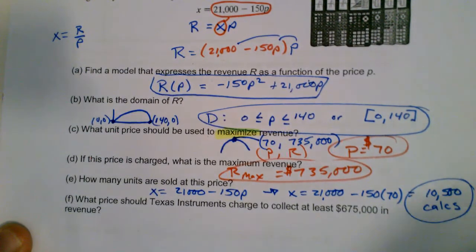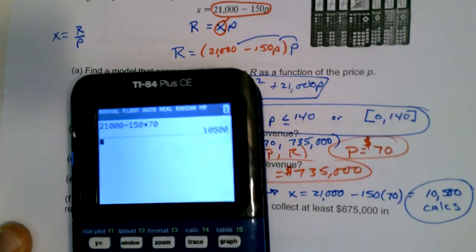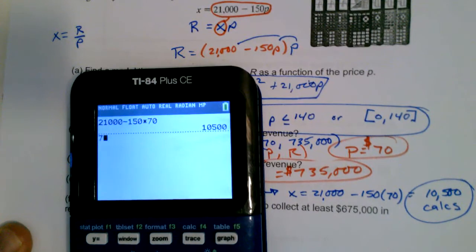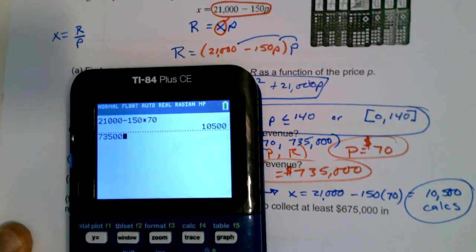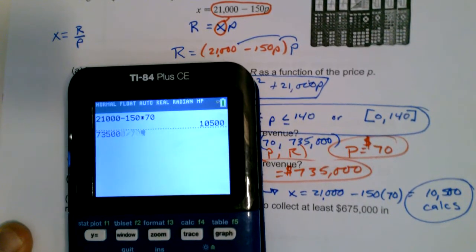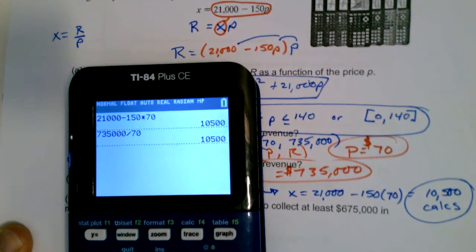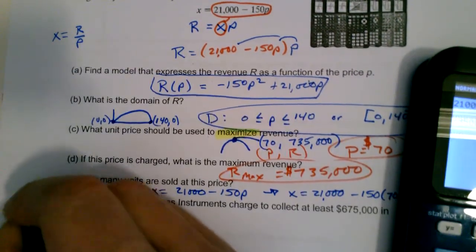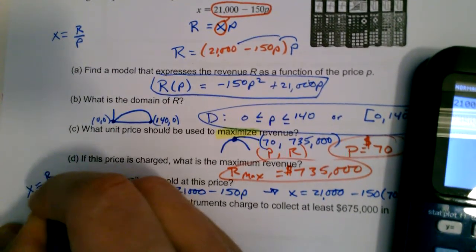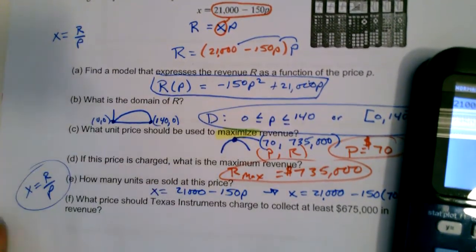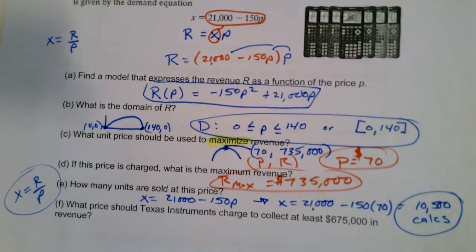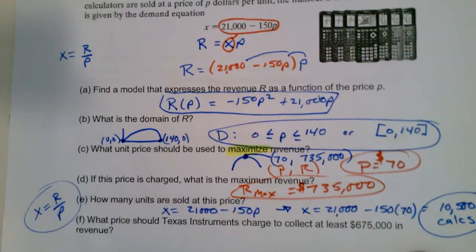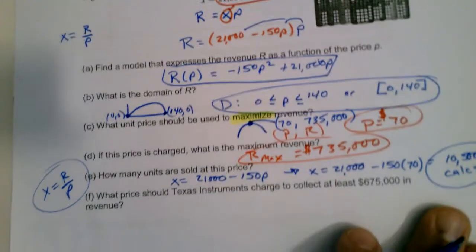So we could do that as well. So if I take that revenue, which was 735,000, I could divide by the 70 and get the same thing. So you got two ways to do it. And again, remember, you guys have notes, right? You have your notes on the quizzes and tests. So I would have that somewhere also.